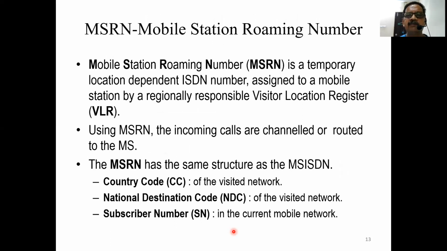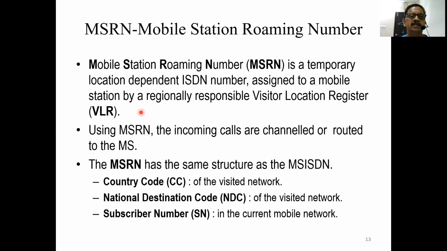Then we have another number as far as GSM is concerned, which is MSRN, Mobile Station Roaming Number. MSRN is a temporary location-dependent ISDN number assigned to a mobile station by a regionally responsible visitor location register, VLR.